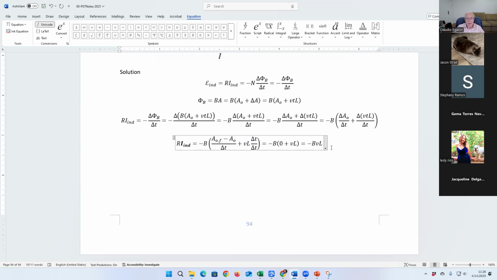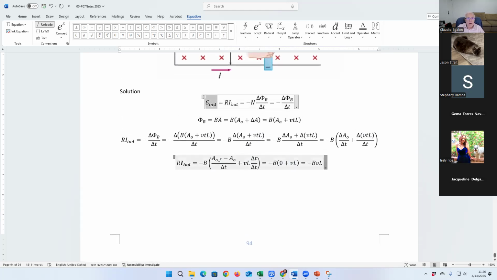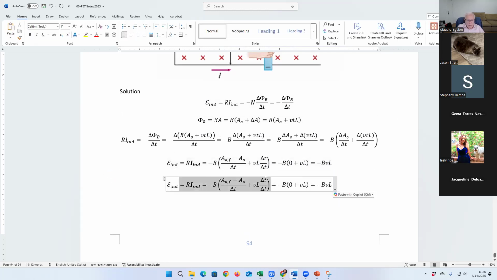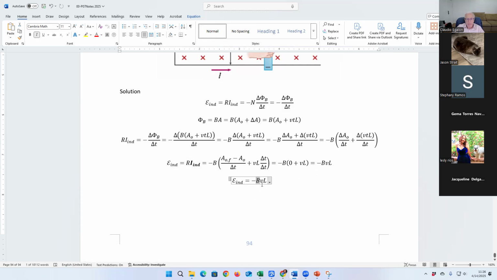What you see right in here, don't forget, is the induced electromotive force, induced voltage. Just by having a contraption like that, you can produce electricity. That's going to be given by the magnitude of the magnetic field, the velocity times the distance between the tracks.